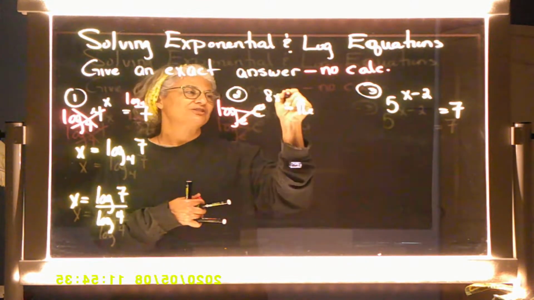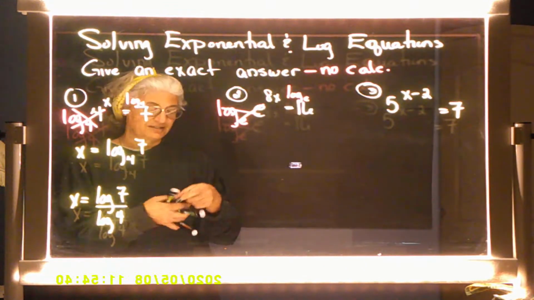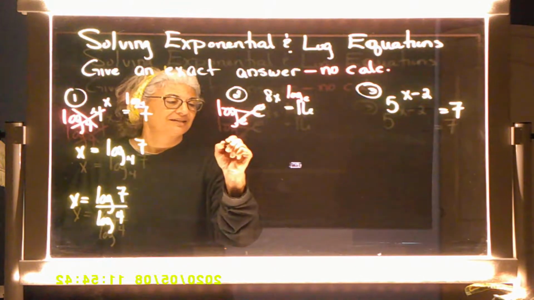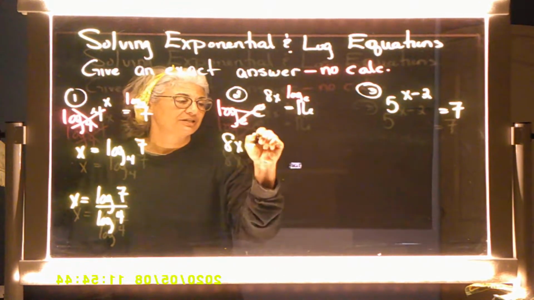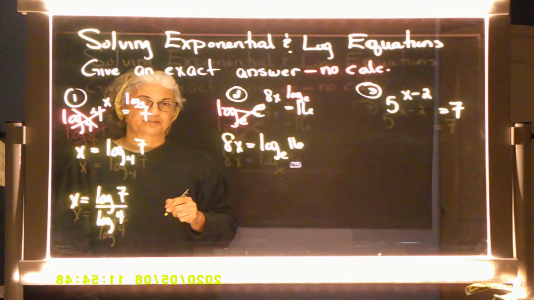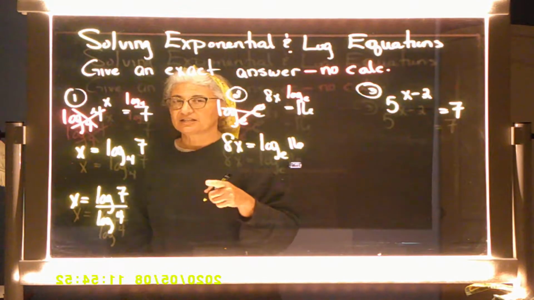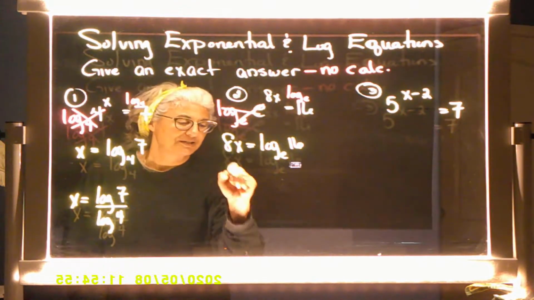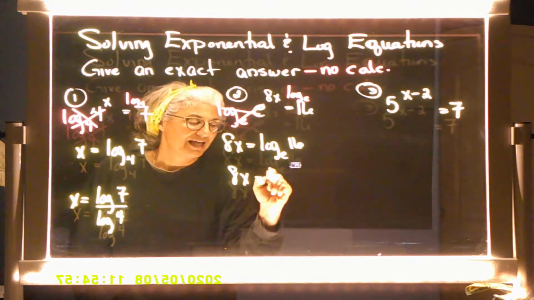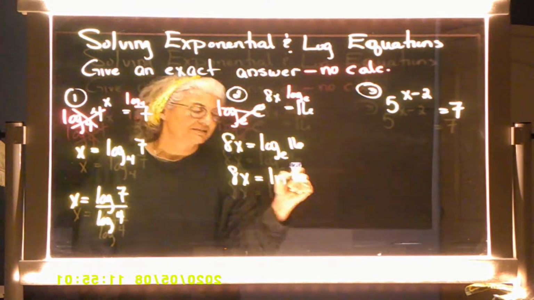But you know as well as I do, you do it to one side, that's right, you do it to the other side, which means we're going to have 8x equaling log base e of 16, aren't we? Remember what log base e, there's another way of writing it. Yep, some of you said it. That is ln, log natural of 16.